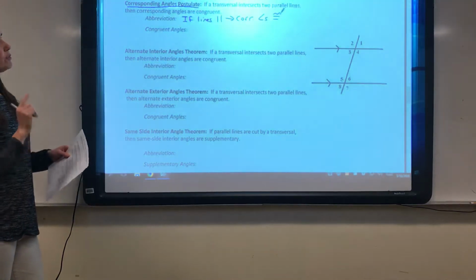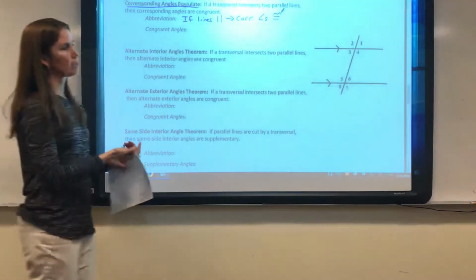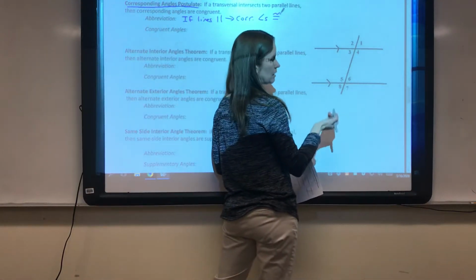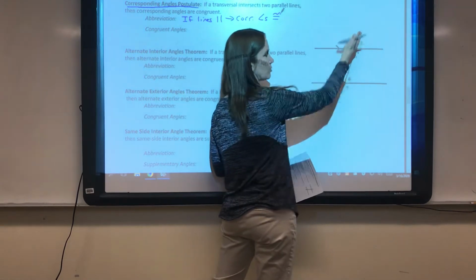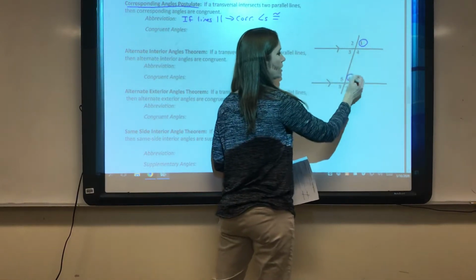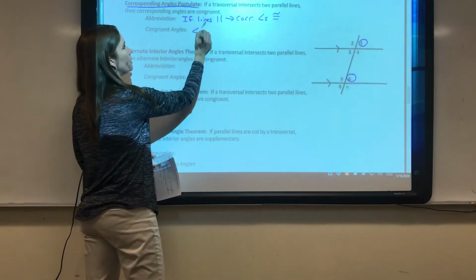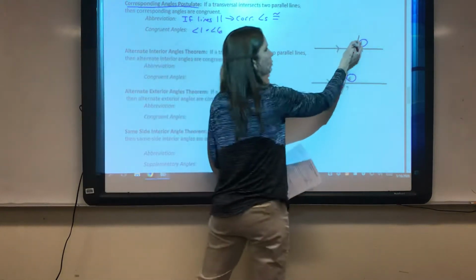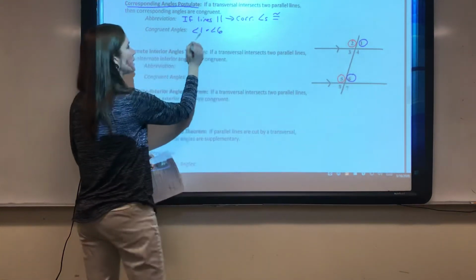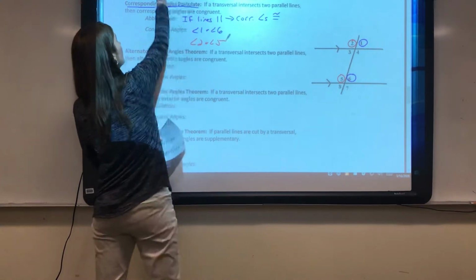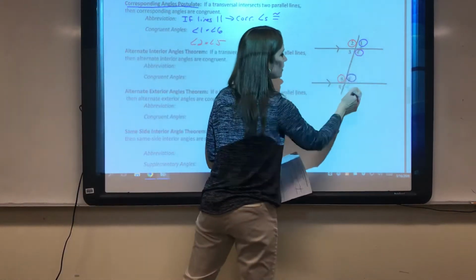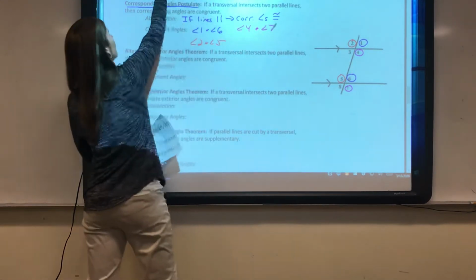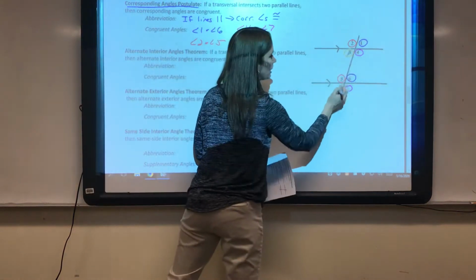If we look for the corresponding angles in this picture, like we talked about yesterday, corresponding angles are in the same relative position with respect to the two lines and the transversal. So 1 and 6 are a pair of corresponding angles. 2 and 5 are a pair, 4 and 7 are a pair, and the last pair would be 3 and 8.